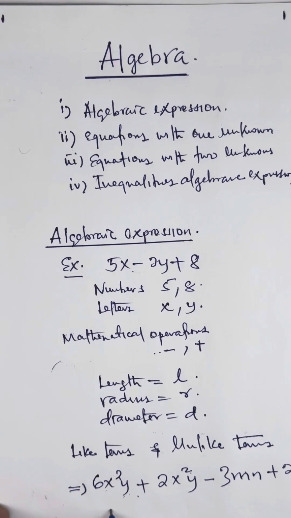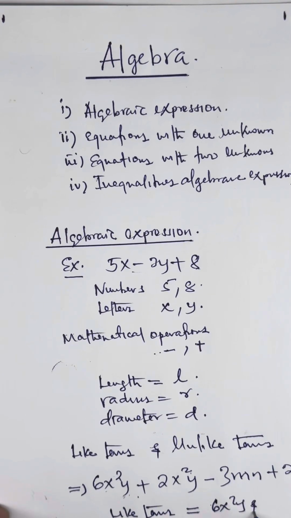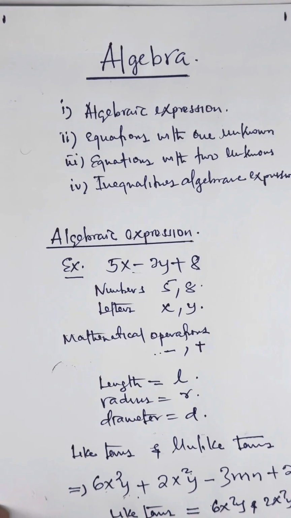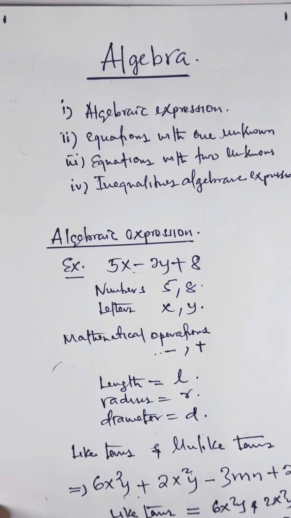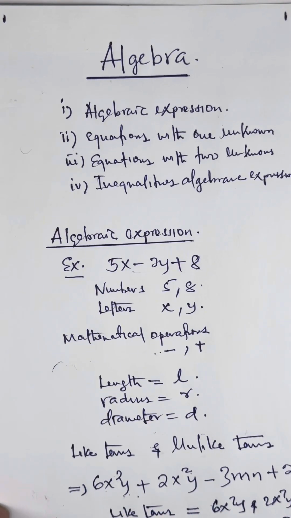So the like terms from this expression are 6x squared y and 2x squared y. And the unlike terms are negative 3mn and 2uy squared.